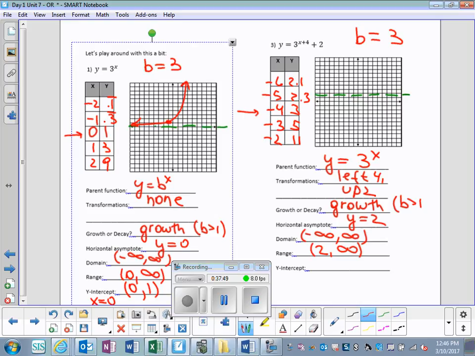Okay, so plot in my points. What is my point? Negative 4, 3. Oh, this is impossible to see. Negative 4, 3 right here. Then negative 5 would be less than that.